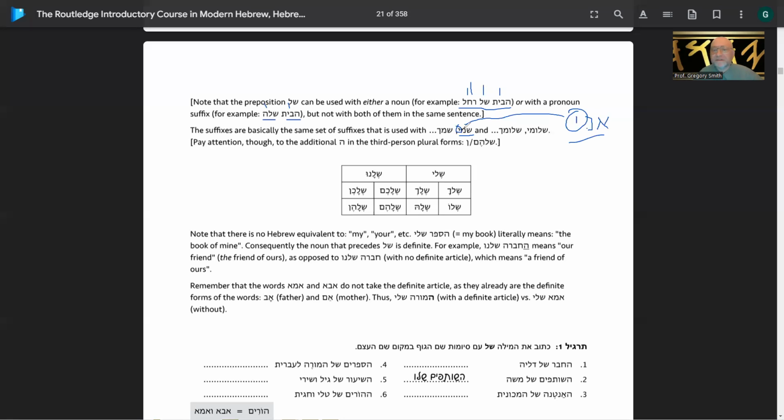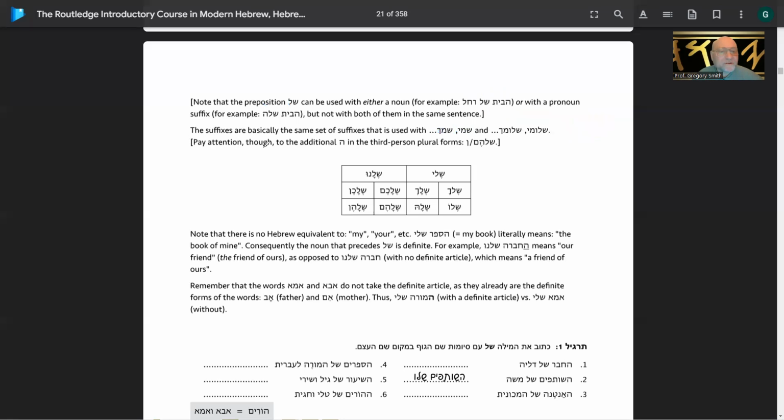So it's like it's signaling that this is I. And then this ending here, it could either be a ha or it could be like shelach, referring to her or him, kind of like yours.